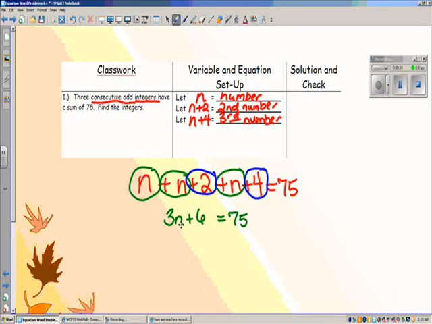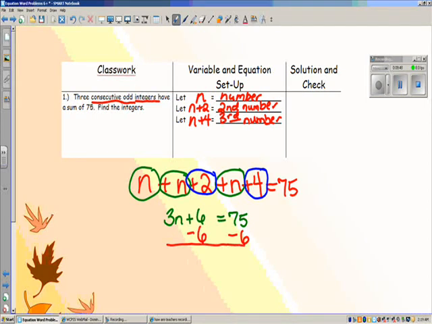That means we need to move all of our numbers away from the variable using inverse operations. So let's get rid of this 6 first. How can I get rid of this 6 or zero it out? By subtracting 6. What I do to one side, I have to do to the other. So I'm going to subtract 6 here.